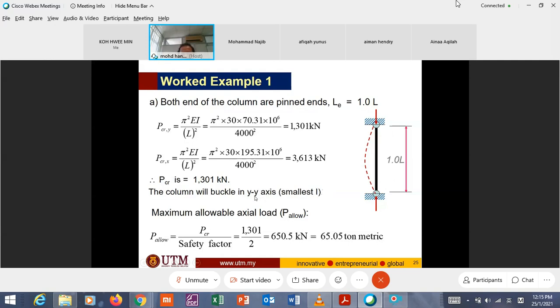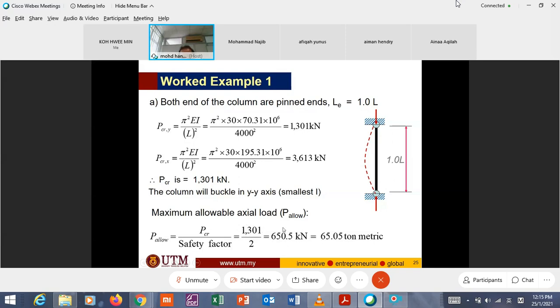In all other cases y is normally the minor axis. Therefore the maximum allowable axial load is divided by 2, 650 kilonewton only. Which means theoretically it can be loaded until reaching 1301 kilonewton.